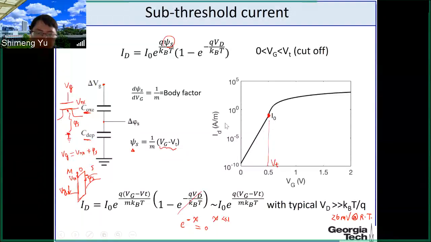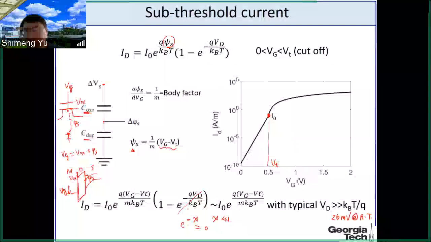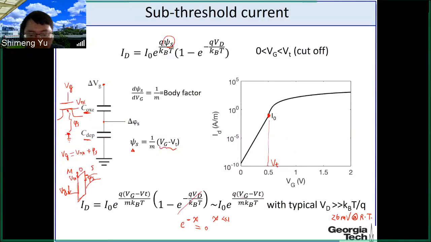And since we draw this in the log scale, if you draw an exponential function in log scale, you get a straight line. And this slope is determined by this m kBT over q. So this is a straight line, and the straight line will have the coefficient in front of the gate voltage, that is this m kBT over q.